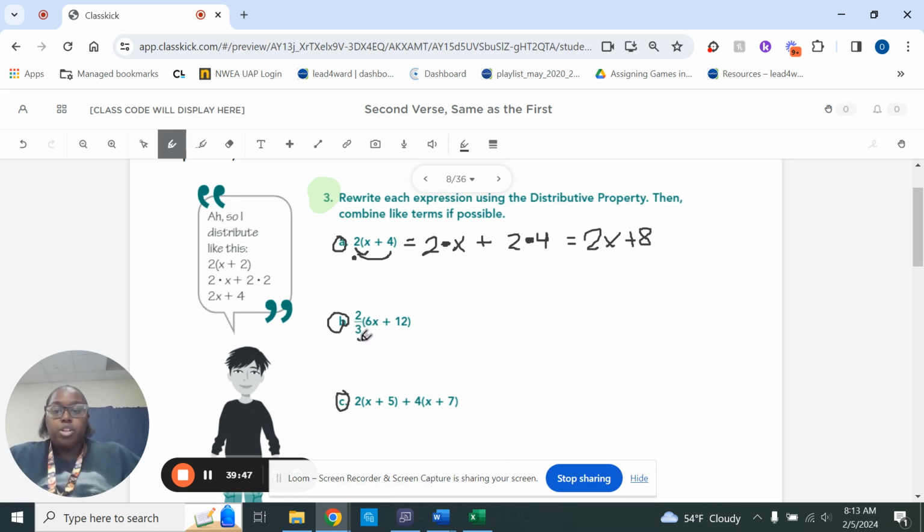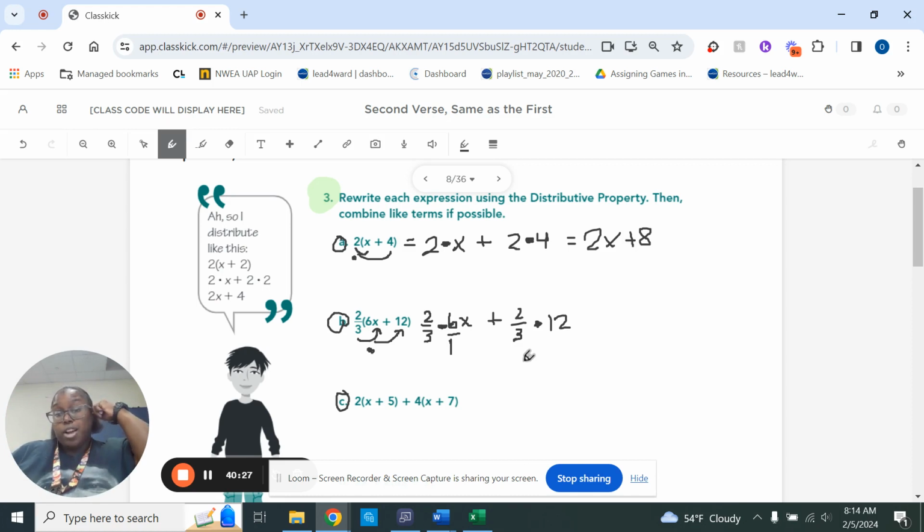For this one, we are distributing or giving the 2/3 through multiplication. So that gives us 2 thirds times 6x plus 2 thirds times 12. Now remember, we cannot do fractions and whole numbers, so I'm going to turn this one into a fraction.